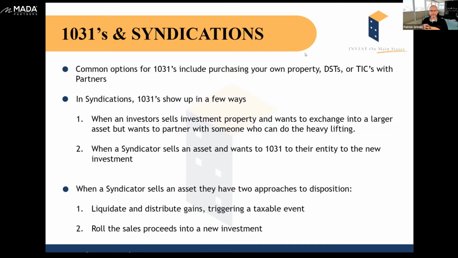And so then they'll take the entire proceeds, they'll call up all the investors and say, hey, this is what we're thinking about doing. We're going to sell. If you want to join us on the next investment, let us know. And if not, we'll pay you out at close, or at close, we'll 1031 exchange you forward. And so that's the other way, when we're rolling proceeds forward.